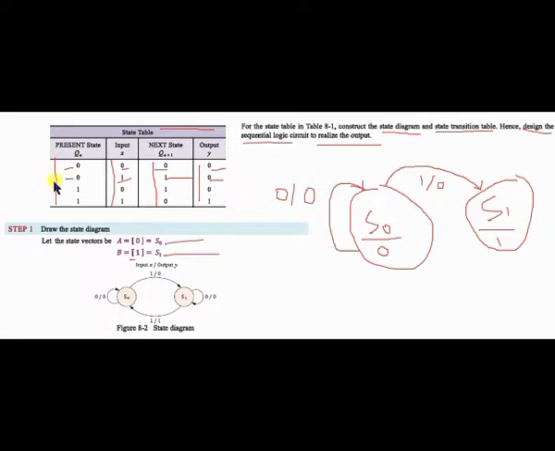And then for the third row, present state 1, and next state also 1, with input 0, output 0. The last one: present state 1, next state 0, with input 1, output also 1.